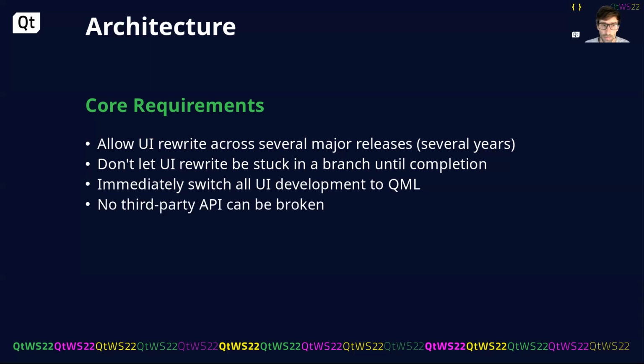So that's pretty powerful. Another constraint that we have that's really strict, but maybe has less of an impact on what we do, but that we really have to obey strictly, is that we cannot break any third-party API.